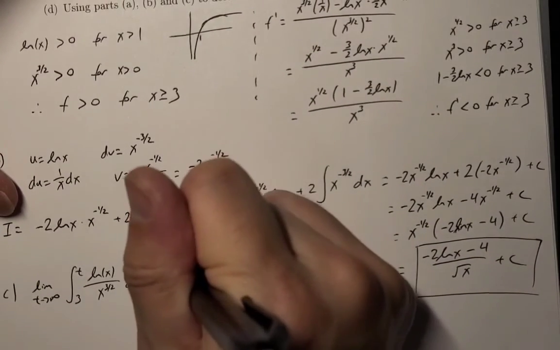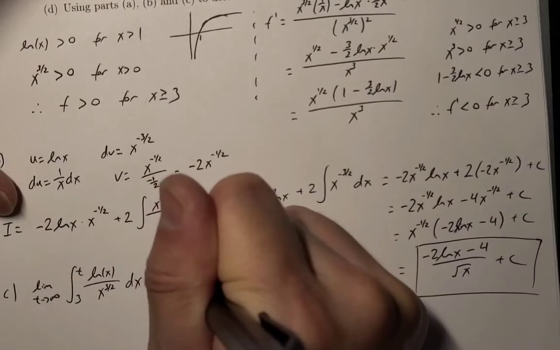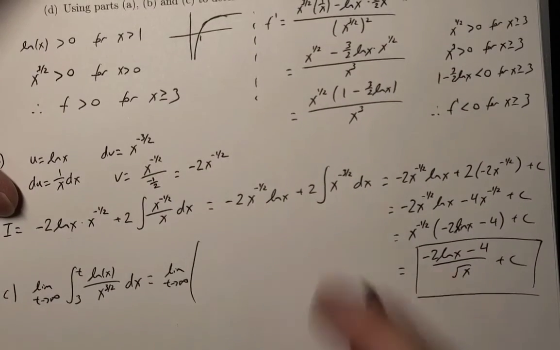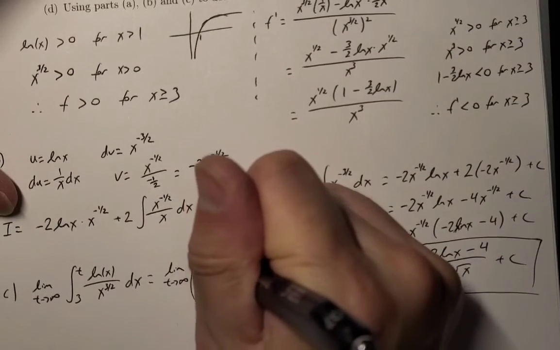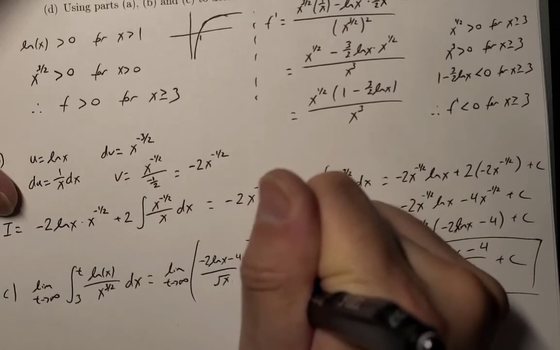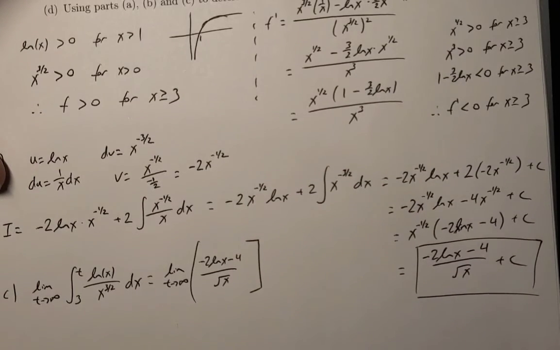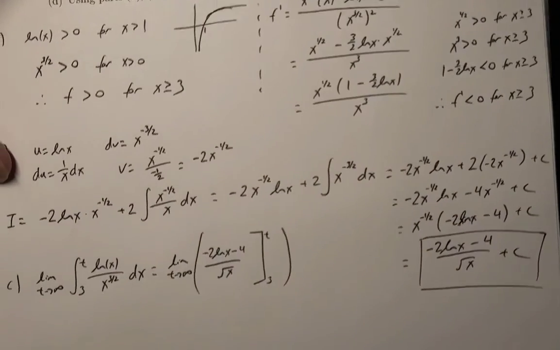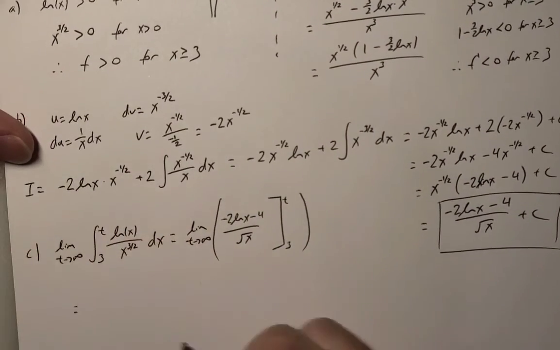It would be the limit as t approaches infinity of, in big parentheses, the antiderivative, minus 2 ln x minus 4 over square root x, evaluated from 3 to t. So what would we get?